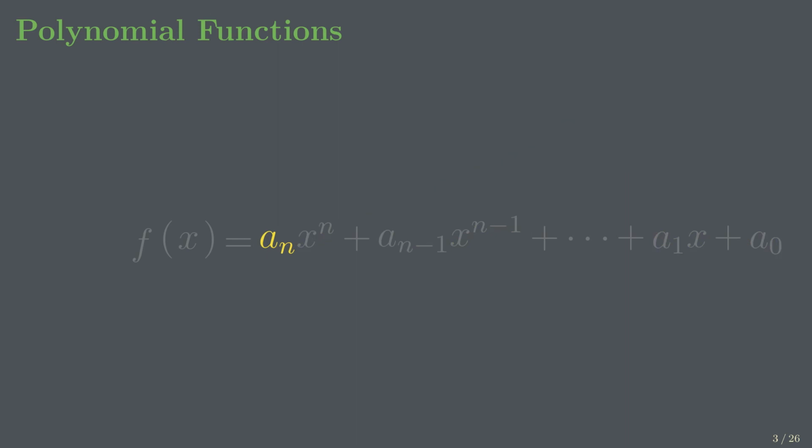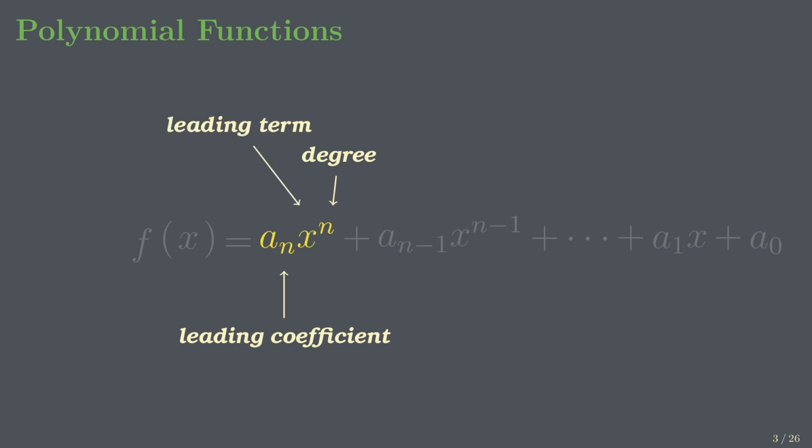Now, very often the leftmost coefficient that we write in the formula of the polynomial function is a non-zero real number. In this case, we call a_n the leading coefficient, and n is called the degree of the function, and the whole term a_n times x to the power n is called the leading term.